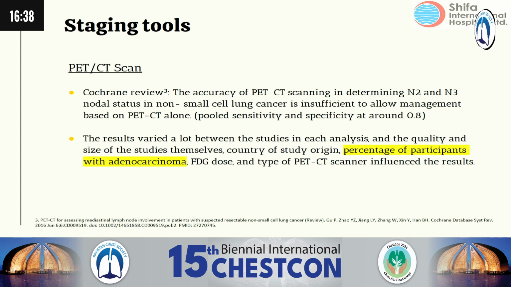And this review included studies that had varied results in between the studies because of the country of origin, and also because of the percentage of participants having adenocarcinoma. And we know that adenocarcinoma are less FDG avid. And this is very relevant to us because we know that a large proportion of our patients have adenocarcinoma and their nodes may not be as FDG avid as we think.